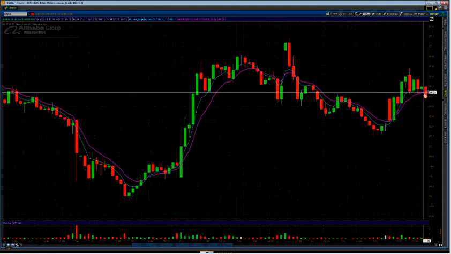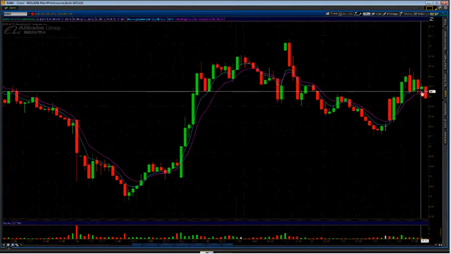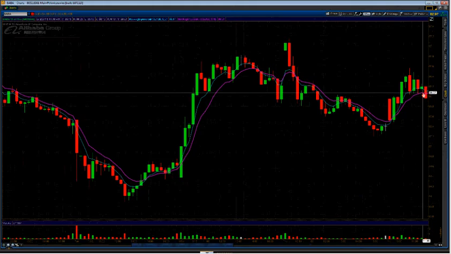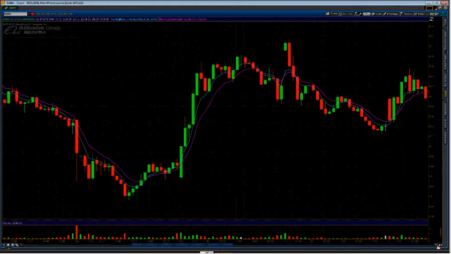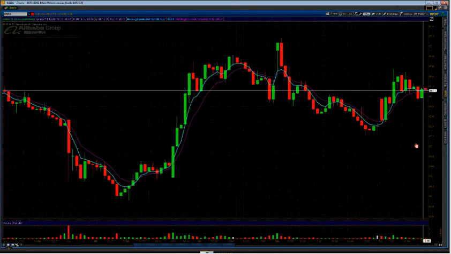Look right here what happens. Do you see what happened on this candle? What happened here, even though the 5 did not cross below the 9? The 9 pointed down. You're going to say, but yeah, look at the very next candle.